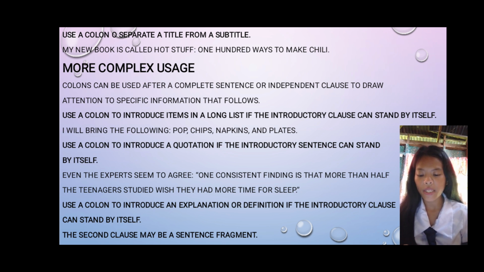Even the experts agree: one consistent finding is that more than half the teenagers studied wish they had more time for sleep. Use a colon to introduce an explanation or definition if the introductory clause can stand by itself. The second clause may be a sentence fragment.